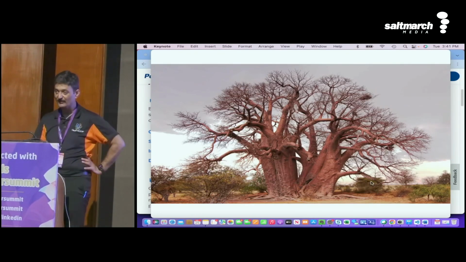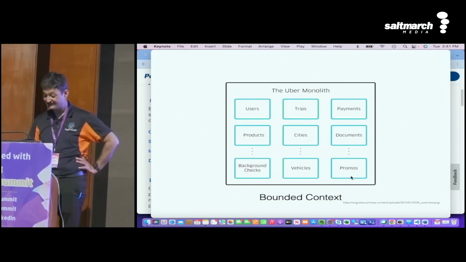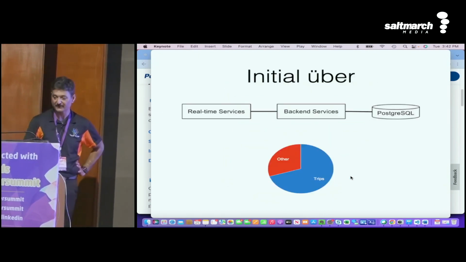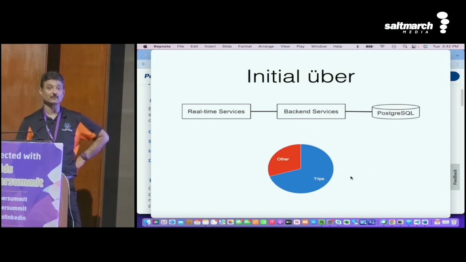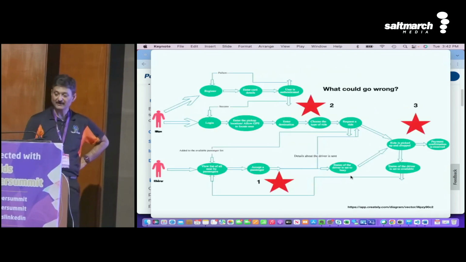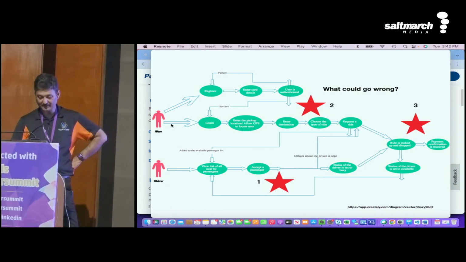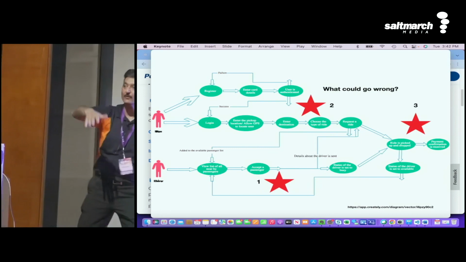Now, Uber was a monolithic application. They created bounded contexts later on for all these microservices. Earlier, it was all in one place, like Postgres SQL was there. That was the problem. Now, a driver is there and a passenger is there. When the passenger wants a ride, what can go wrong?